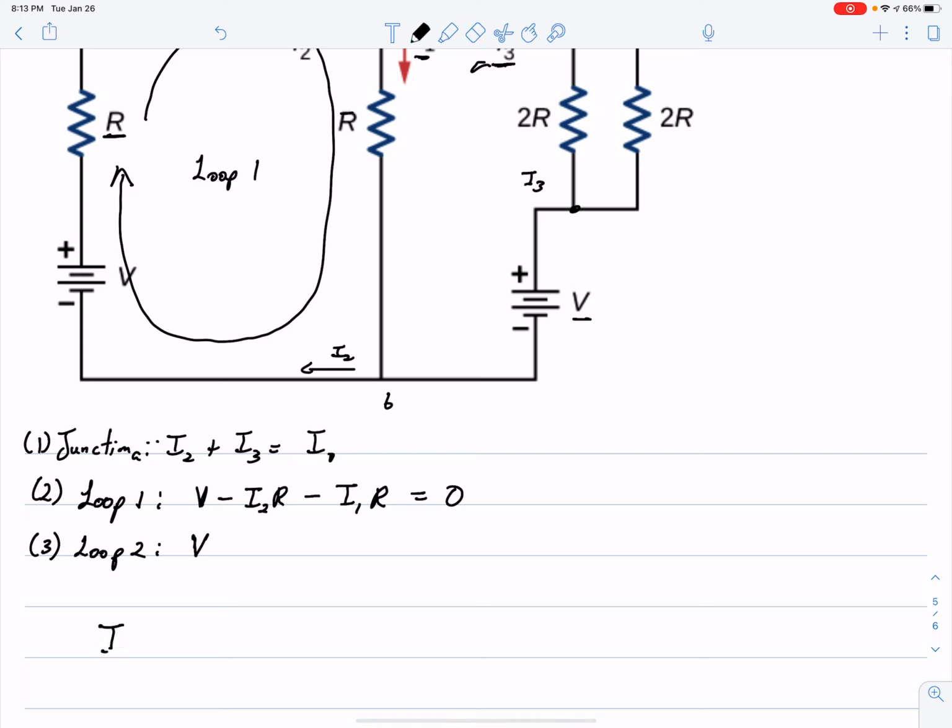Okay, so I'm going to write IA and IB. IA is equal to the voltage that I already have here, right here, the battery, over the resistance 2R. Okay? Over the resistance 2R.